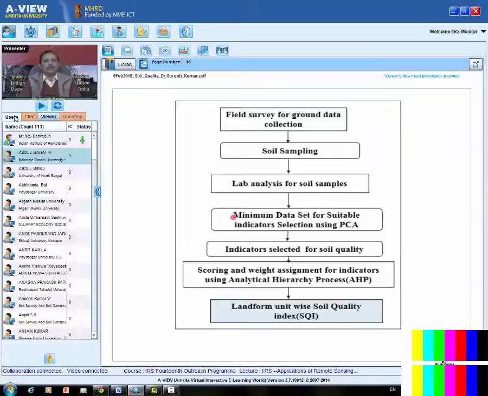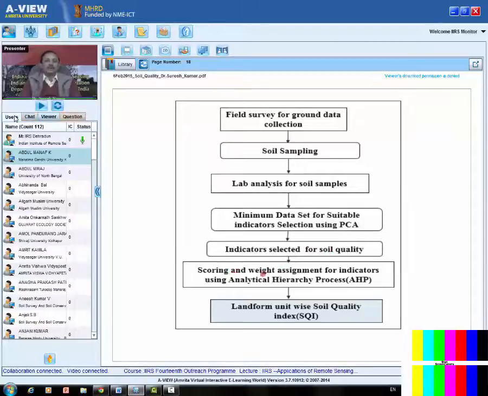That's why, out of 20 or many properties, we select the minimum data set. How can we do that? We can do it by principal component analysis or by the analytical hierarchy process. Then we select the indicators, the properties which are useful for our soil quality assessment.